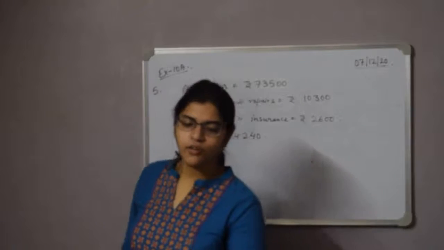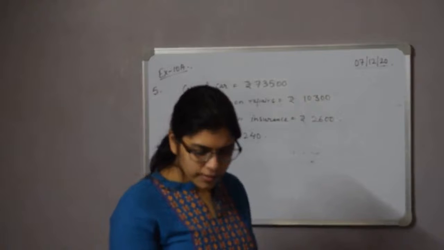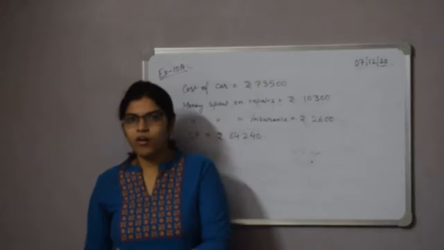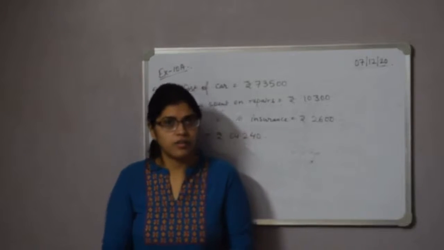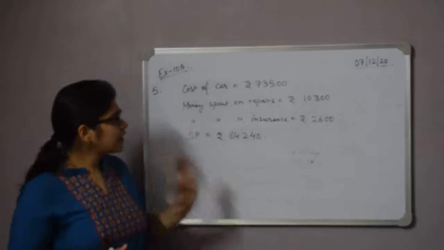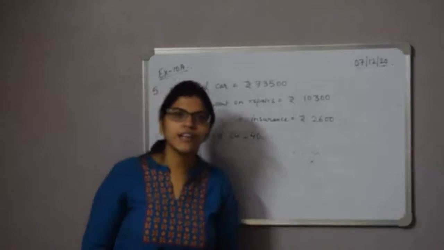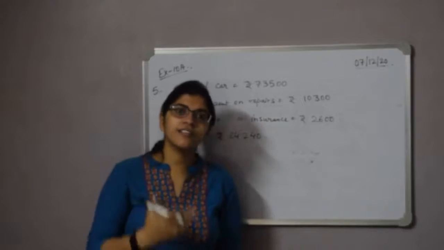If we are trying to calculate his profit or loss, it has been asked what was his percentage gain or loss. So we do not know whether it is a gain or a loss. If you want to calculate the profit or loss, we will simply calculate how much money he has spent on the car. So that will be his total cost price.